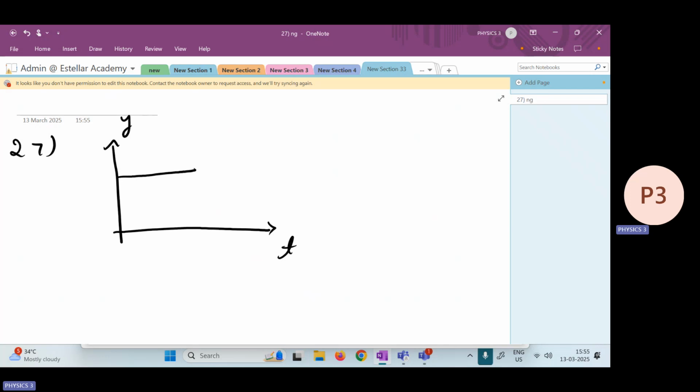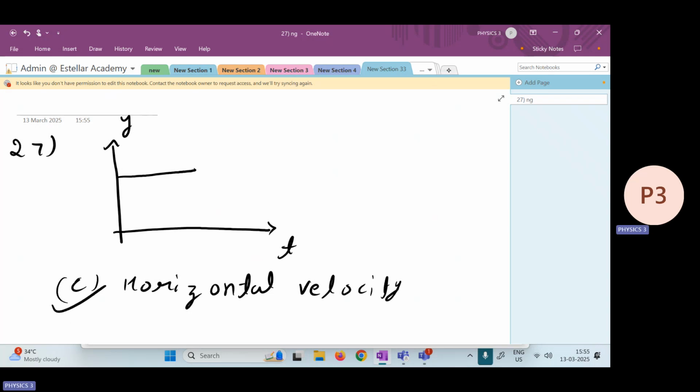So in the projectile motion, we know that the horizontal component of the velocity always remains same with time. So C option which says horizontal velocity would be correct in this case, right?